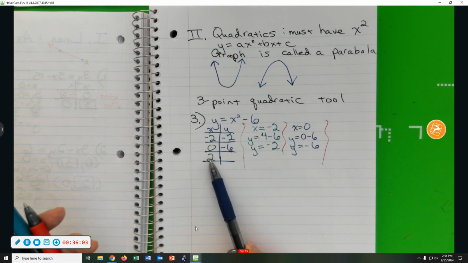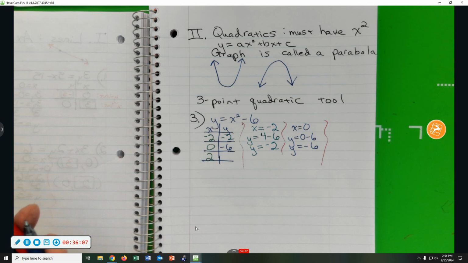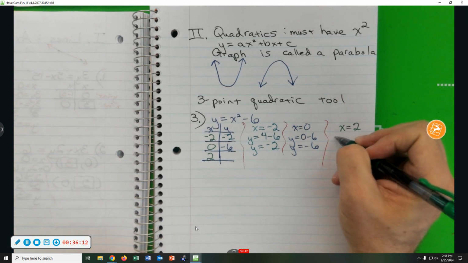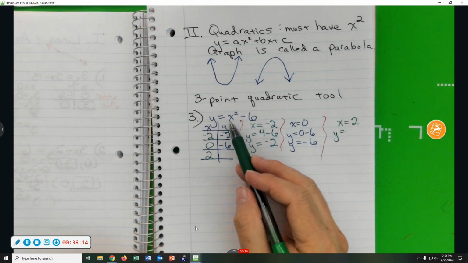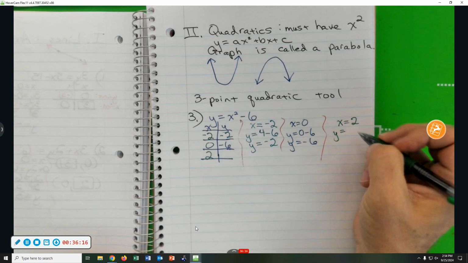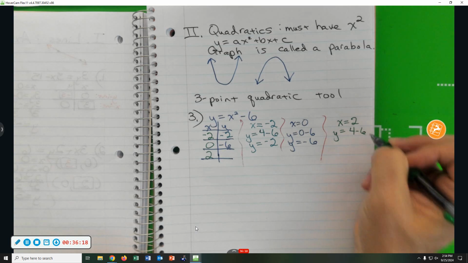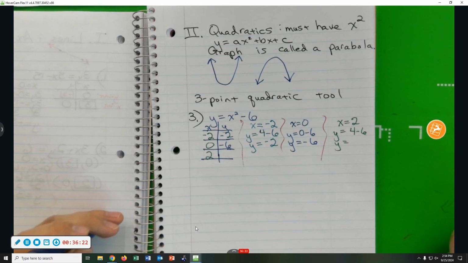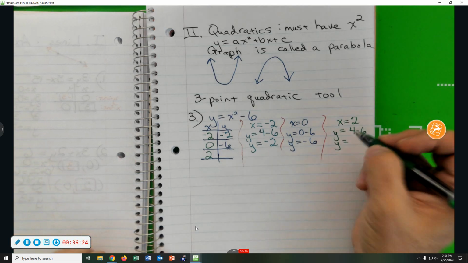Third and final ordered pair, they want us to plug in positive 2 for x. Plugging in positive 2 for x, we get y equals 2 squared is 4 minus 6. Looks like we're getting another negative 2 for y.